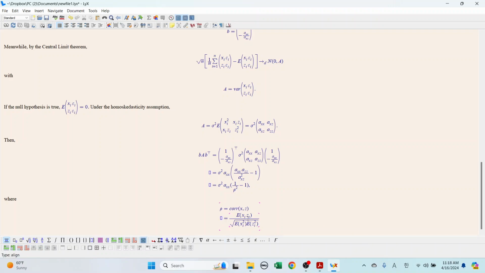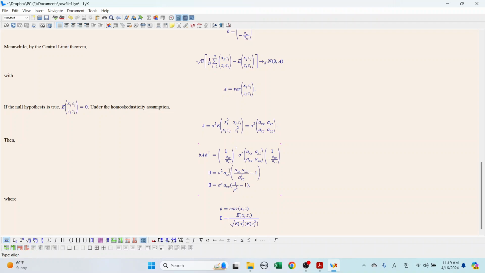Remember, this is the definition. So this is actually variance of x. This is covariance between x and z, variance of z, variance of x. So in the denominator, you have to have standard deviations, and this is covariance. So if you square that and reverse, you get this term. So it will be convenient to have this guy, okay?